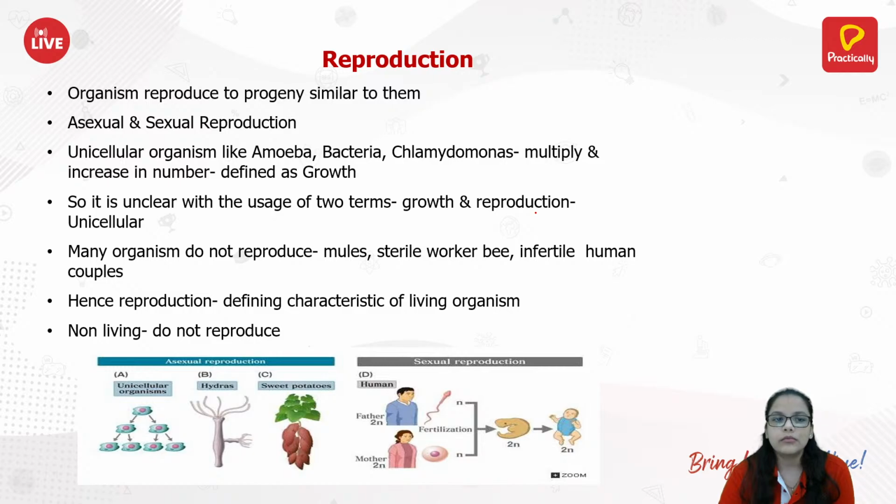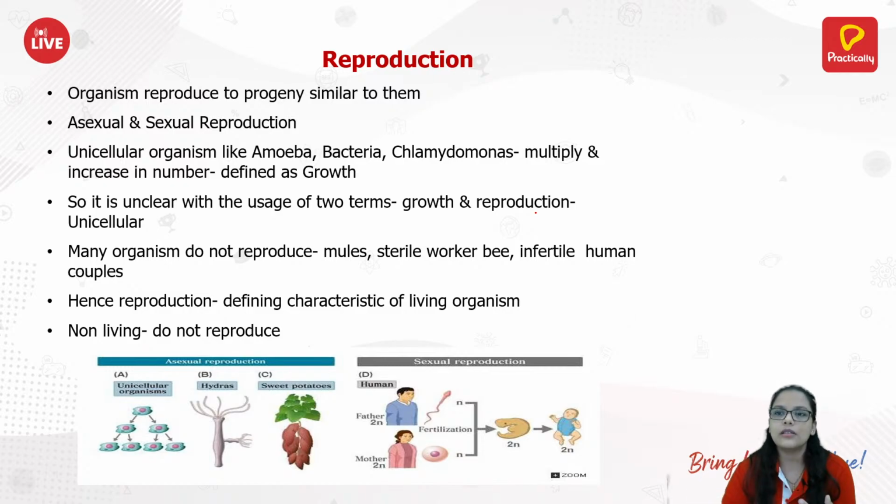Now reproduction is like giving birth. In very layman terms, reproduction is like giving birth to progeny. I am a woman, I might give birth to a child. Okay, now we are humans. We can see it in animals also, lions, dogs, cats.